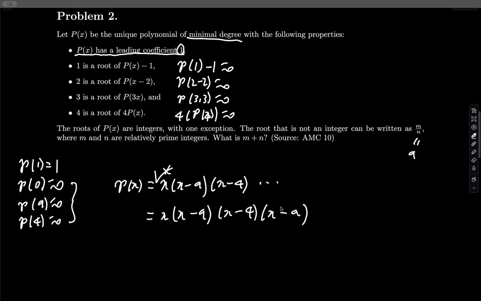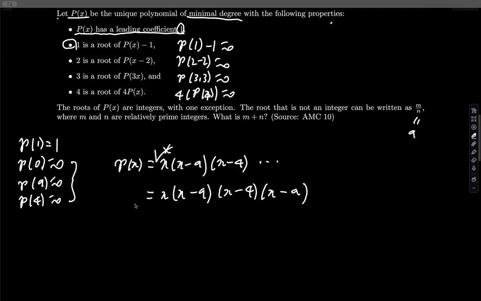And now let's see which condition we didn't use yet. We did use the first condition, and we did use this sentence and the last sentence. The only condition that we didn't use is the second condition. So we know that p of 1 is equal to 1, as we restated.